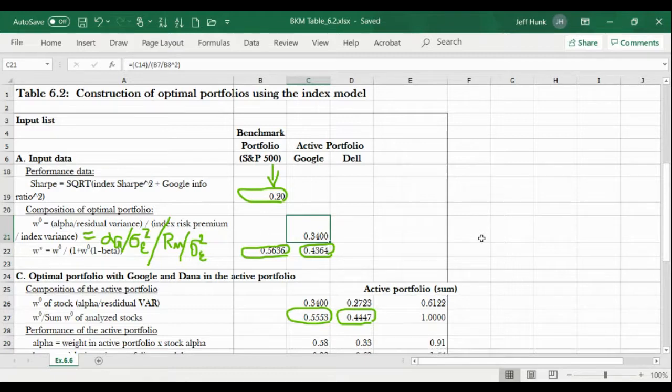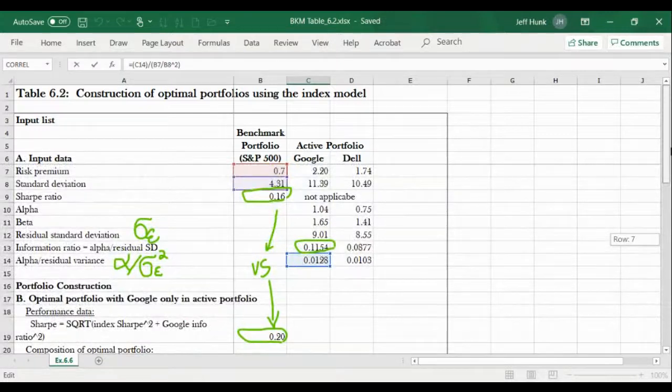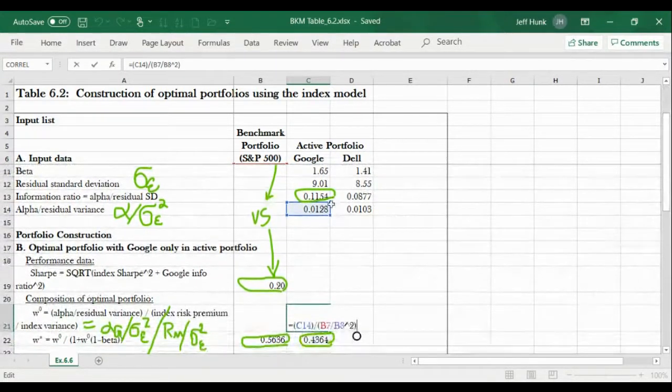If you do that, C14 is of course Google's information ratio, C14, right?